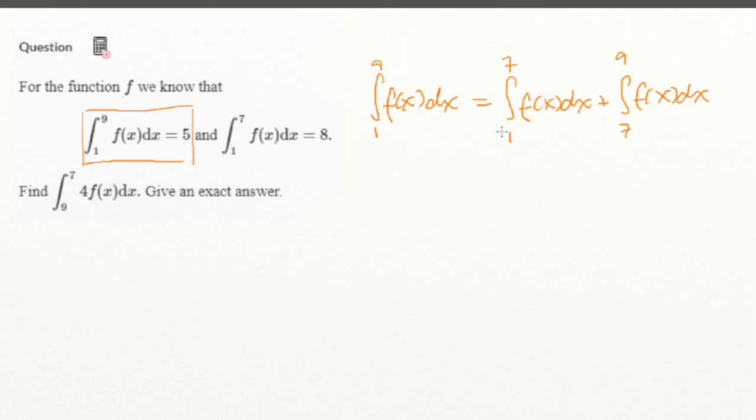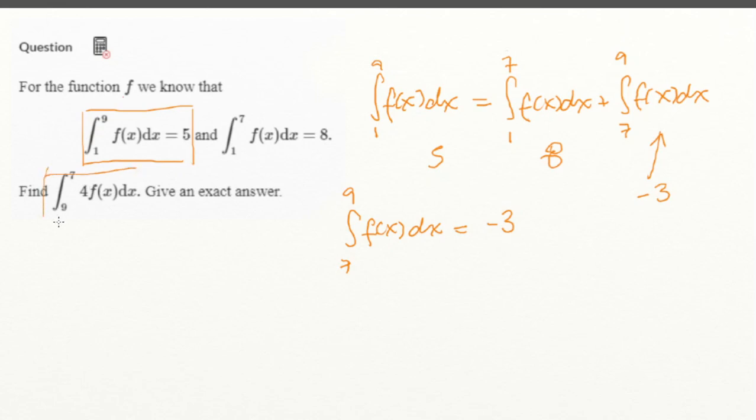Alright, so we know this value and we know this value. This is 5, it's given, and this is 8, it's also given. So we may find this last one. So if this is 8 and this is 5, this has to be negative 3. So the integral from 7 to 9 of f(x) dx is negative 3.